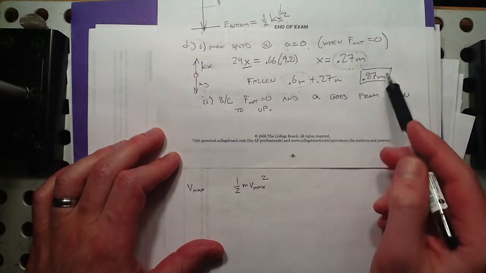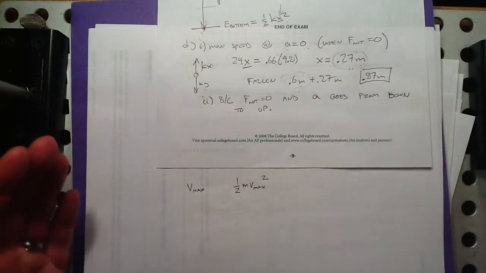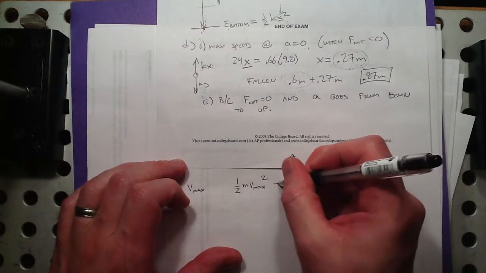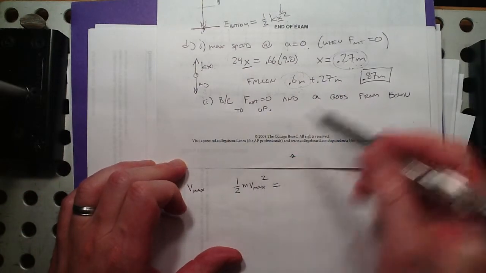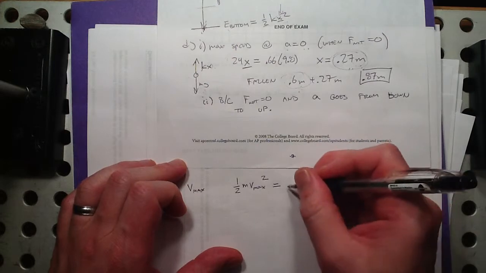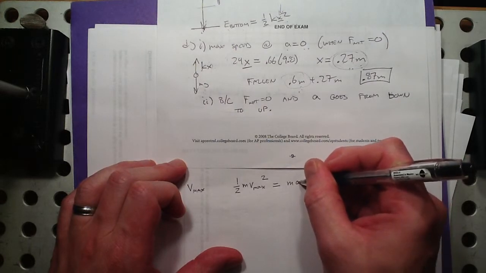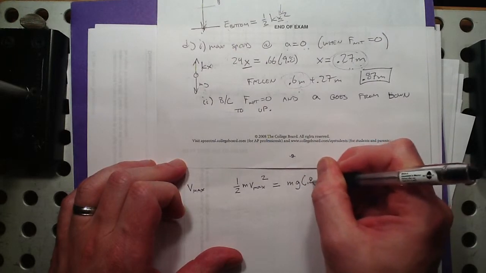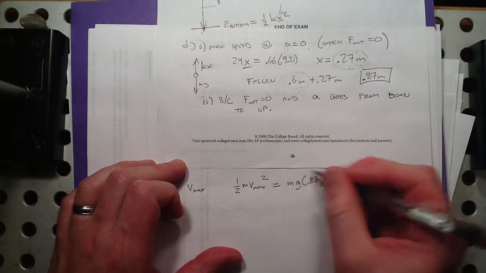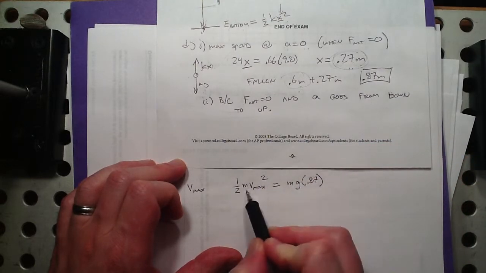Well, at the point where it's fallen this far, what's happened energy-wise? Well, we've fallen this far, so we have mgh worth of potential energy that has been converted.